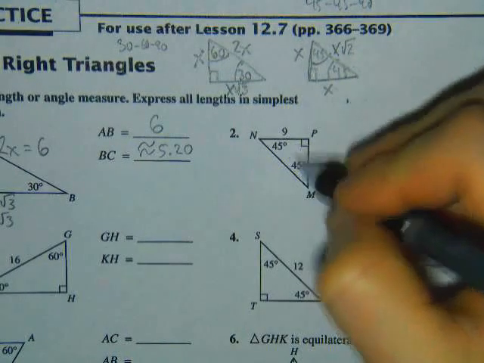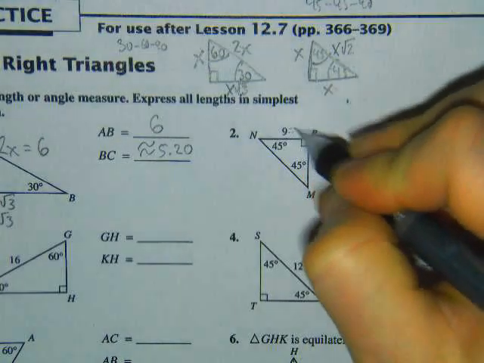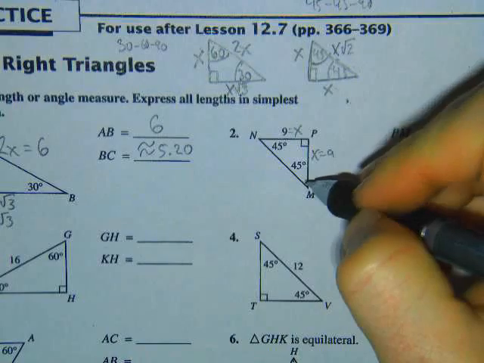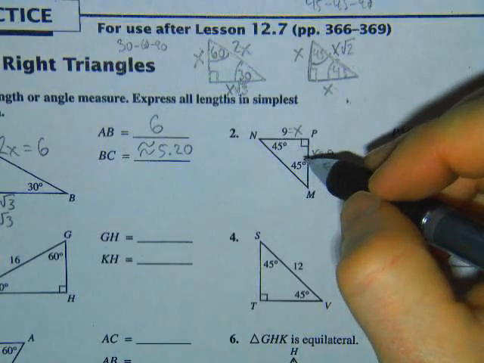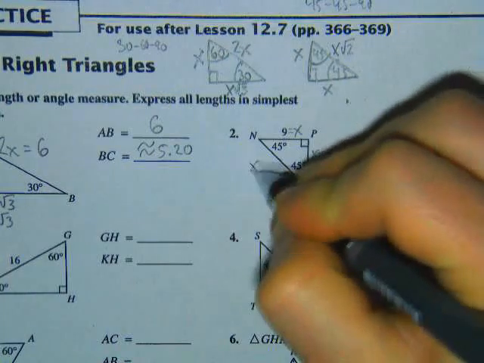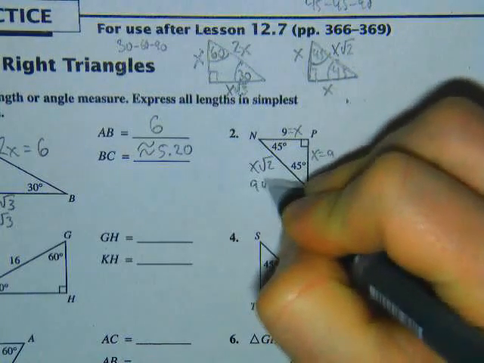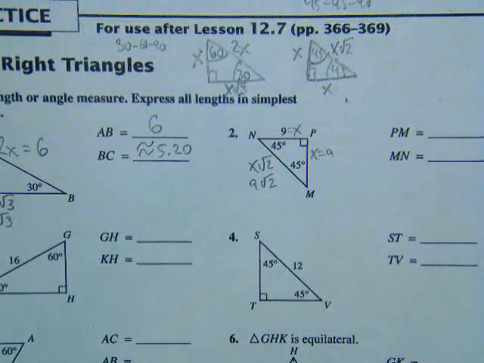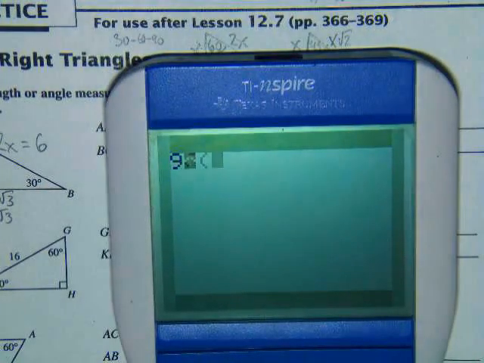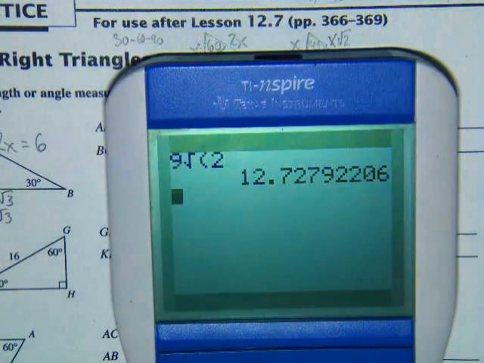The side opposite the 45 is x, so that makes that 9. The side opposite the right angle, in other words the hypotenuse, is x root 2. So 9 root 2, and again, just a calculator approximation. Square root 2, 12.73.